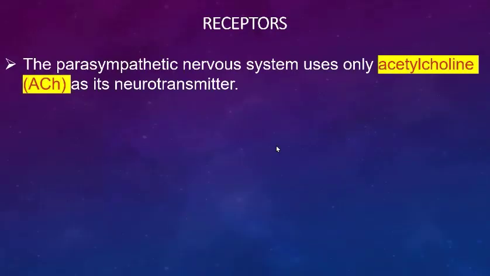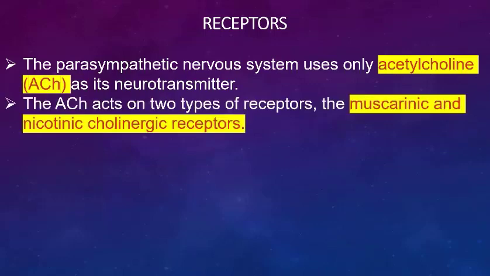The parasympathetic nervous system uses only acetylcholine as its neurotransmitter, on the preganglionic neuron and also at the postganglionic level. The acetylcholine acts on two types of receptors, the muscarinic and nicotinic cholinergic receptor.